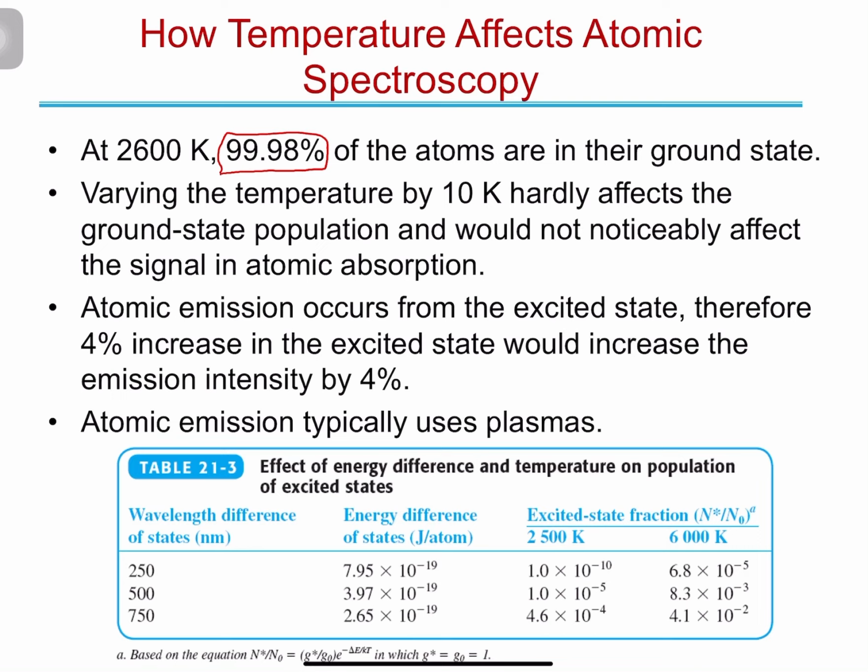Any slight increase in the population of the excited state will affect atomic emission spectroscopy, but will not affect atomic absorption spectroscopy in the same way. This is why controlling the temperature is very important for atomic emission, and more important than for atomic absorption spectroscopy.